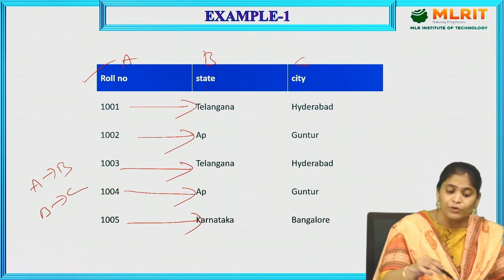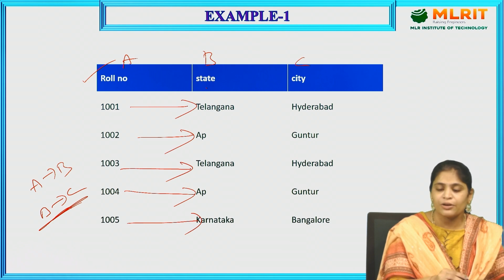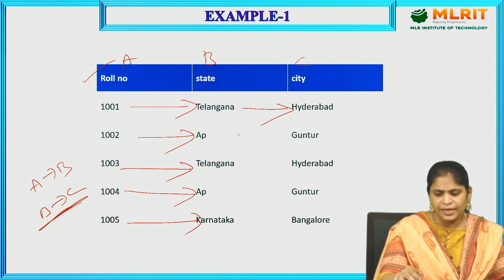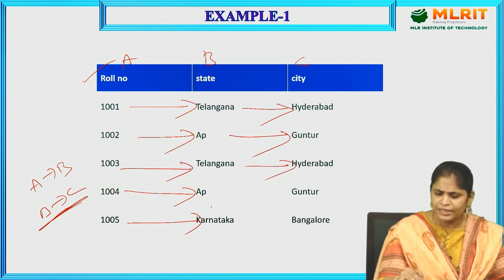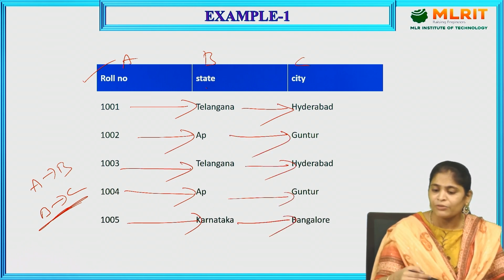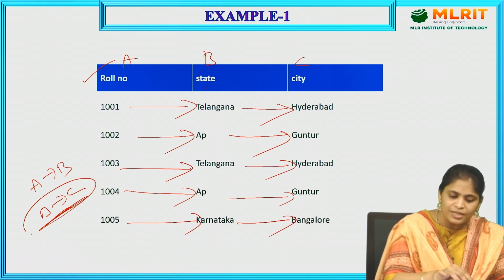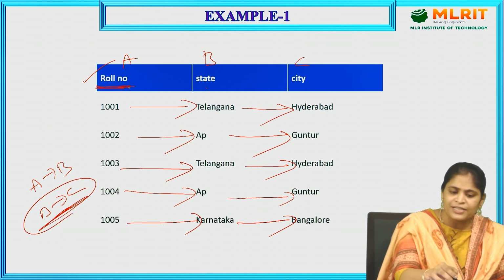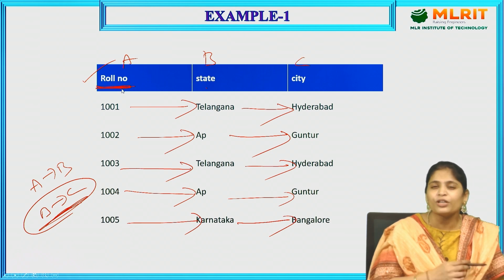From this table only I am writing these functional dependencies. B derives C uniquely. See, Telangana: state derives city. Telangana, Hyderabad. AP, Guntur. Telangana, Hyderabad. AP, Guntur. Karnataka, Bangalore. So this is also existing. B derives C. And here the key attribute is, for example, roll number. Why? Because what is a key attribute?